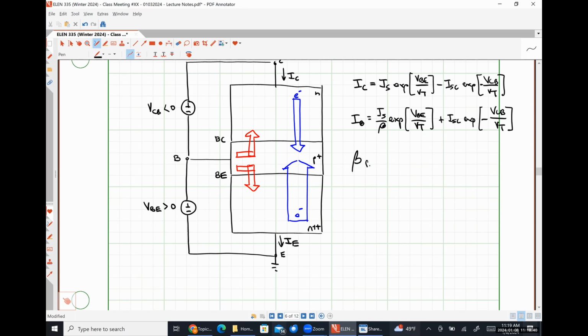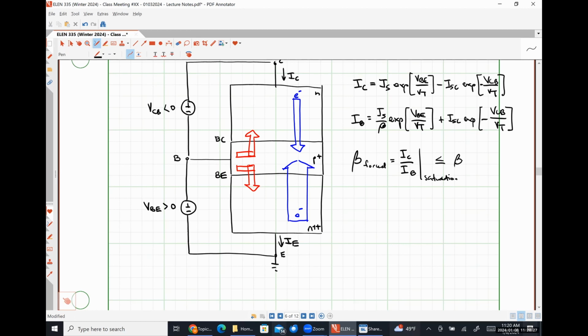Instead of beta, we're going to call it beta forced, which will be equal to the ratio of the collector current to the base current under saturation mode operation, and this will always be less than or equal to the beta that we would experience in the forward active mode of operation.